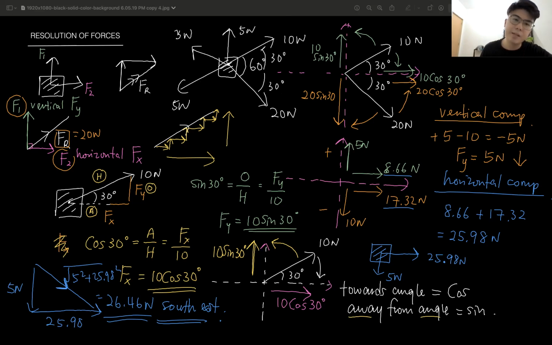How many forces acting on this thing? 1, 2, 3, 4, 5. And they give all the angles, 20, 15. They ask you to find the resultant force. Can you draw a triangle? You cannot. You cannot use the sine cosine rule. So you have to use the resolution of forces to find the resultant force.